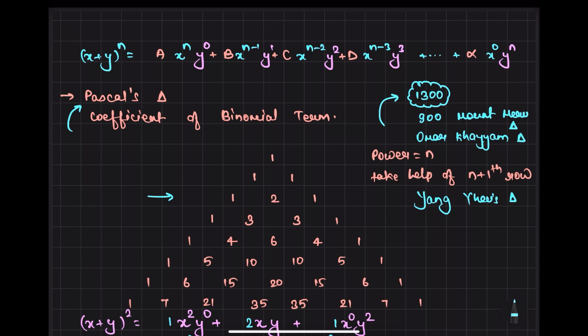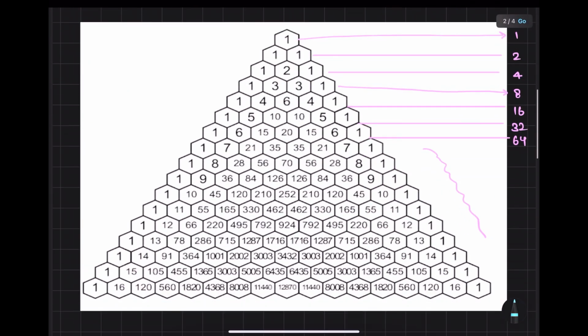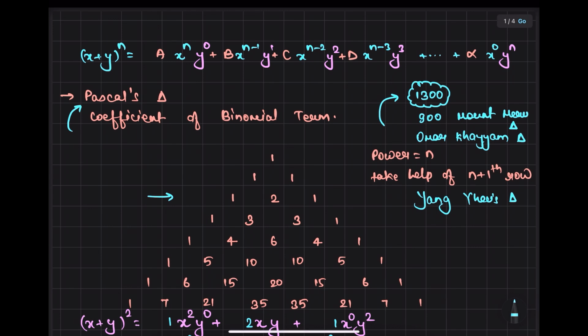I hope you are comfortable with this part. But what is the problem here? If you are dealing with lower powers like 2 or 3, you know which row to go to, so manually you can do that. But suppose someone asks me, sir, find the expansion of (x plus y) to the power 100, or why 100, sir, go with 2025.